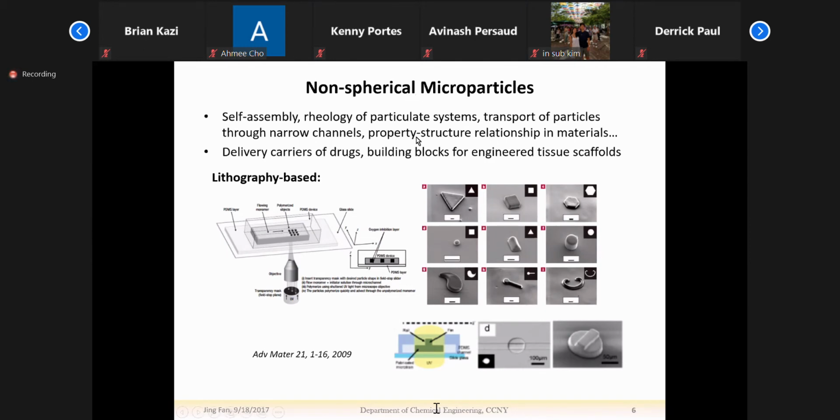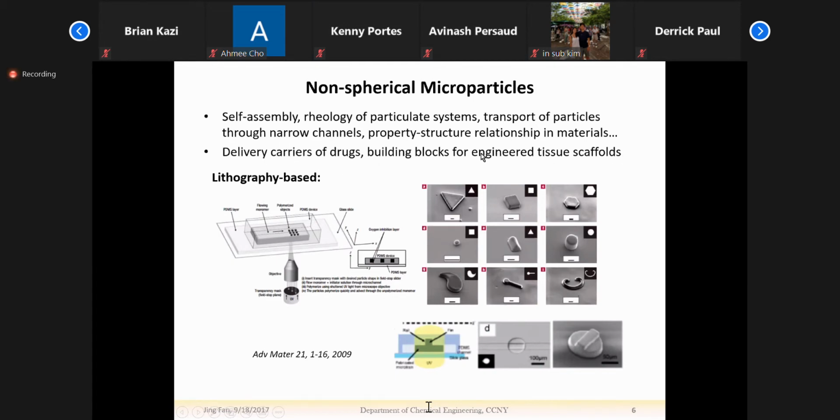So non-spherical particles can be used to study this problem as well. It can also be used as delivery carriers of drugs or building blocks for engineered tissue scaffolds if they are hydrogel-based materials. Traditionally, people have been using lithography-based approaches to make non-spherical gel particles.